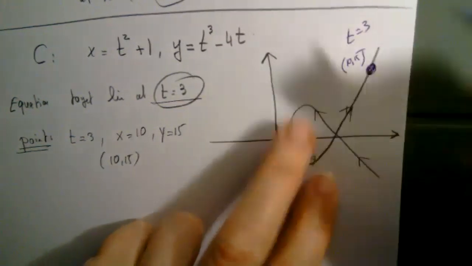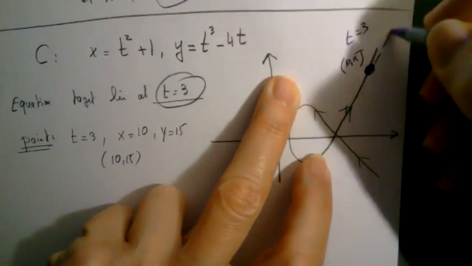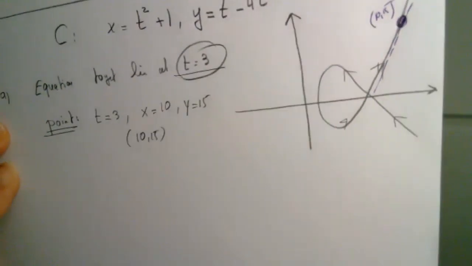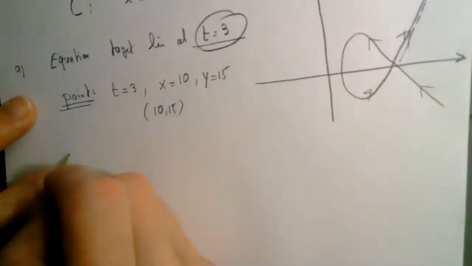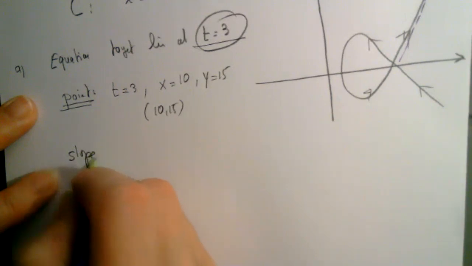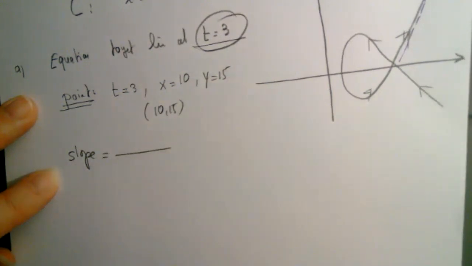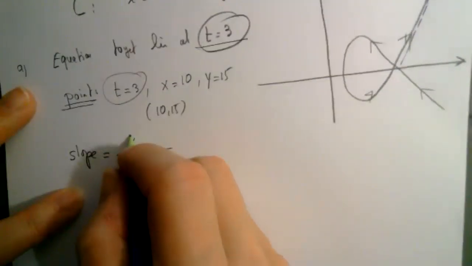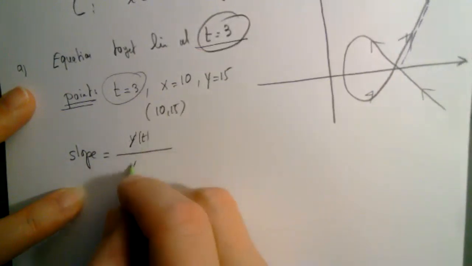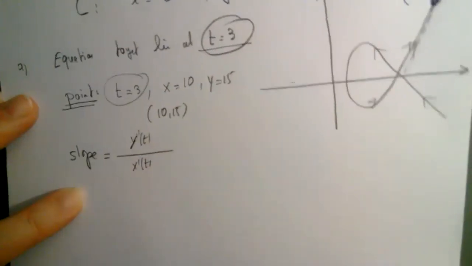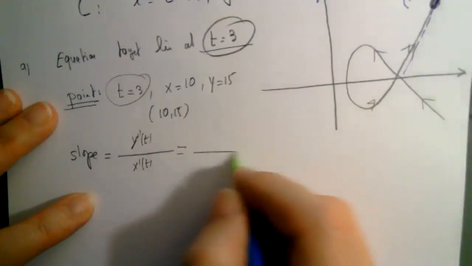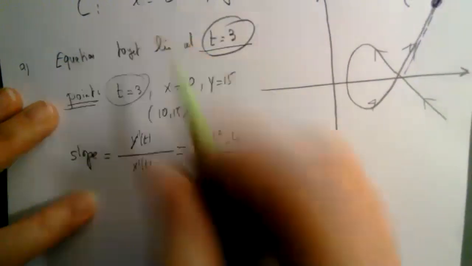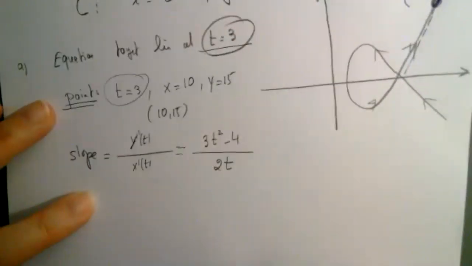Now this is the curve, there is a tangent line, I want the equation of the tangent. To find the equation, I need the slope. So let us compute first the slope at every point t, and then at the specific point t equal to 3. The slope is the derivative of y over the derivative of x with respect to time. The derivative of y is 3t squared minus 4. The derivative of x is 2t.